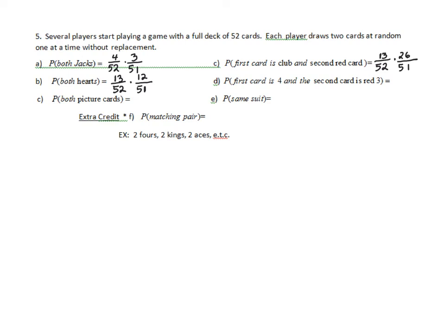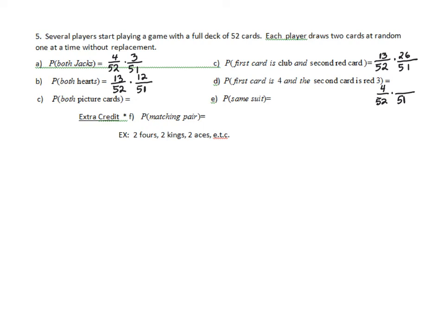Okay, let's look at D. The probability that the first card is a 4 and the second card is a 3. Well, how many 4s are in the deck? There are 4 of them, one of each suit, so that's 4 out of 52. Now we pick one less card, so the second denominator will always be 51. And the second card is a 3.